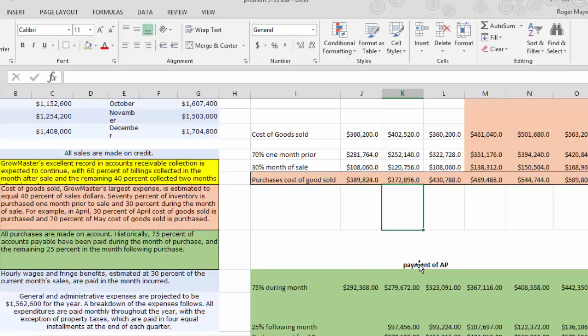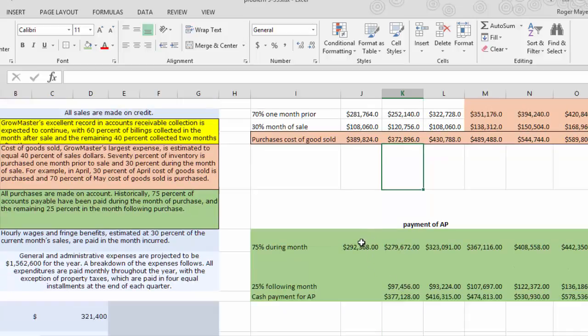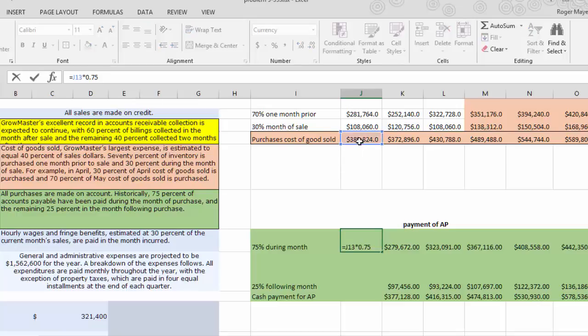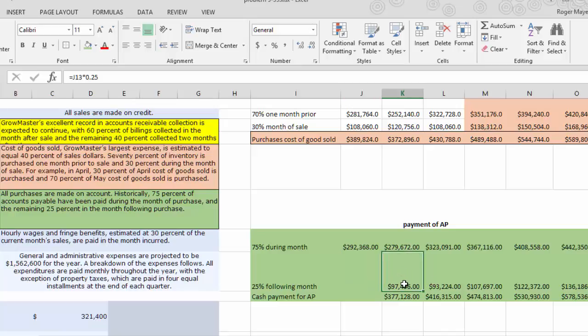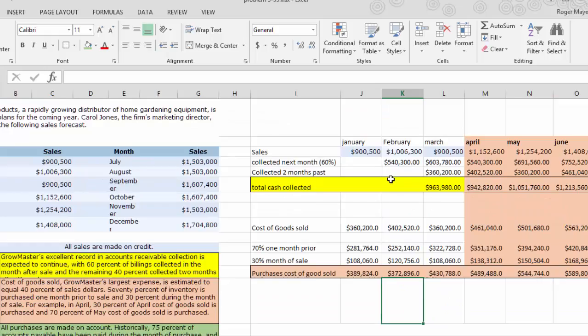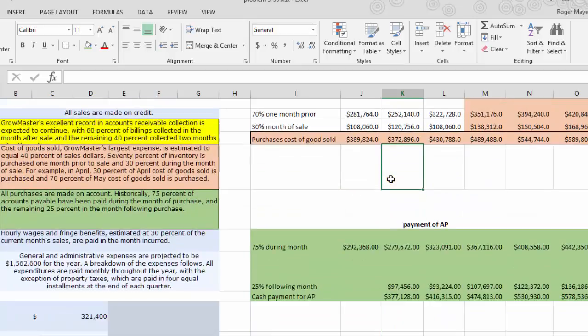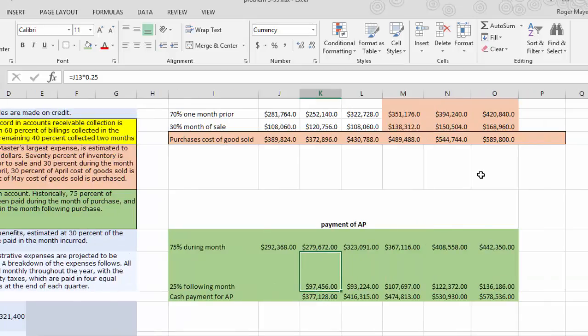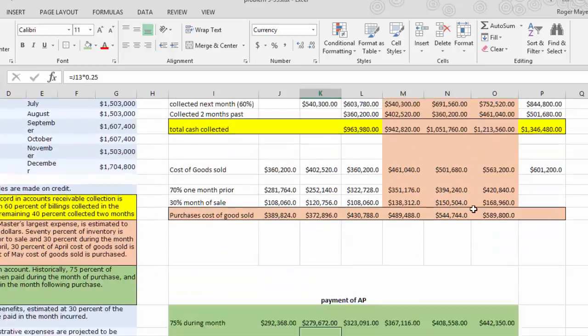We are essentially taking a look at 75% times the amount purchased, and that's coming straight down, and then the 25% is coming from the month prior. As an example, of the goods that we purchased in January, 25% of those are paid in February, and so forth.